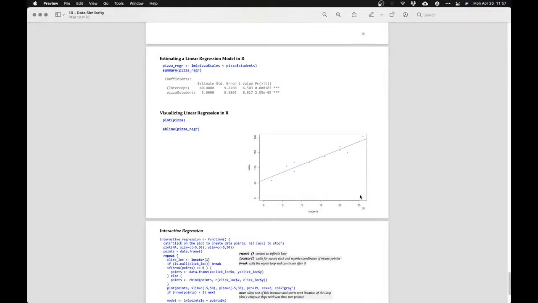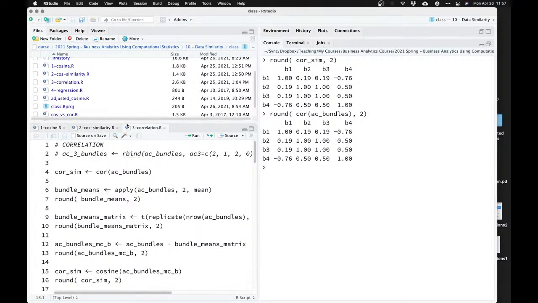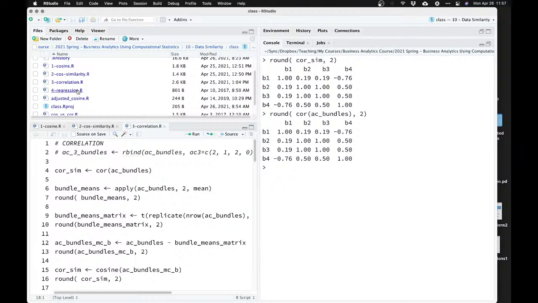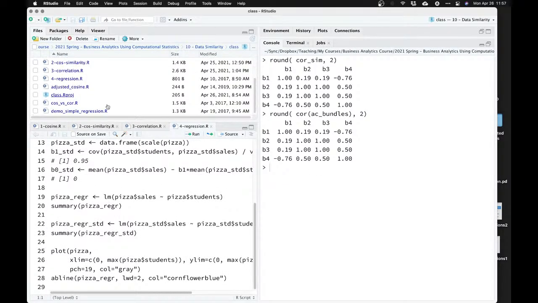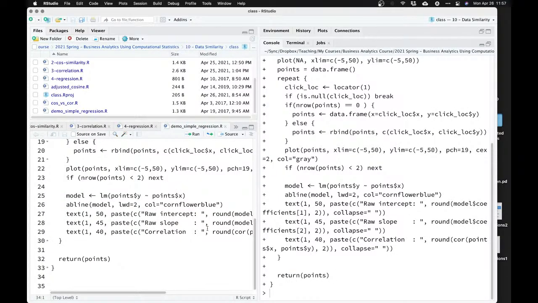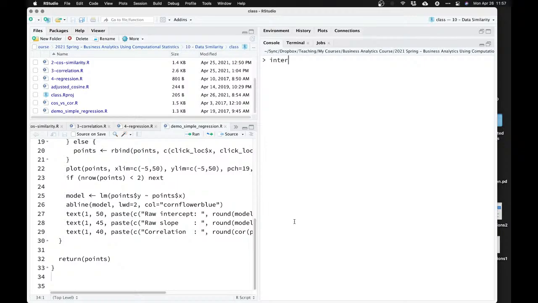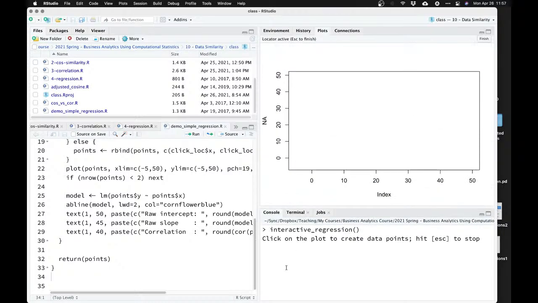I have one little exercise I want you to do for homework, and it's fun and easy for me. I'm going to give you a function called interactive regression, and I want you to run it.